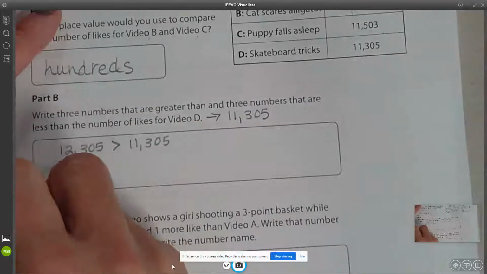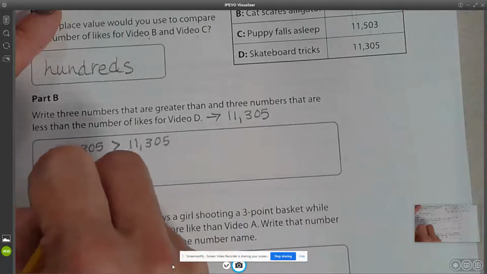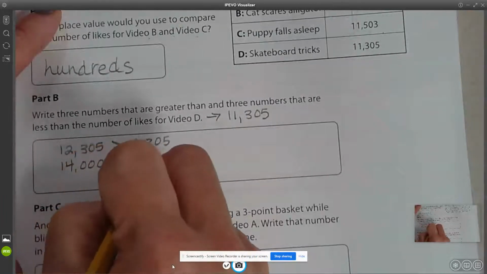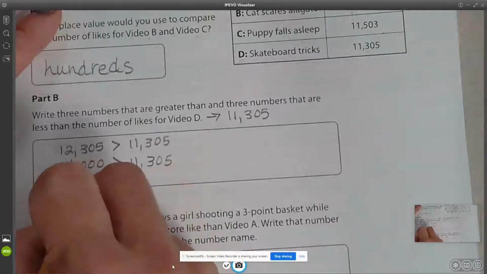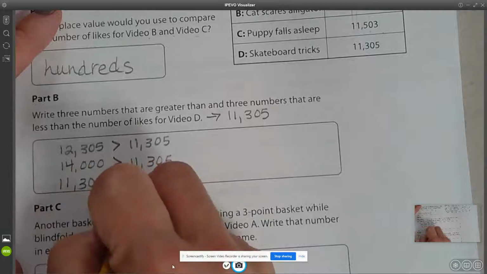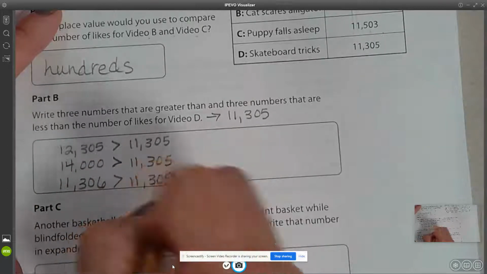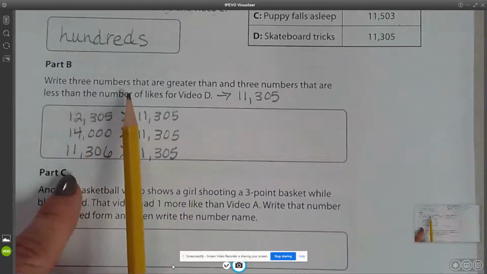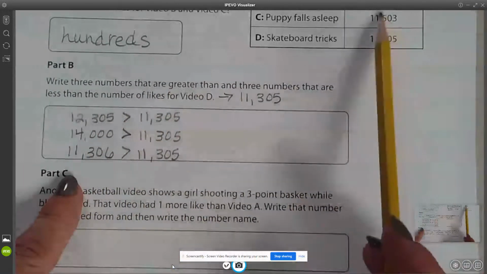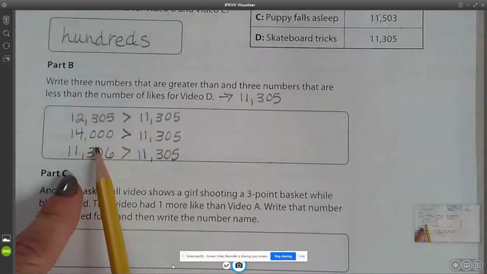I could say 14,000 is greater than 11,305. I could even go 11,306 is greater than 11,305. You get to pick any one you want because it doesn't necessarily ask for 3 numbers from our chart. It's just asking for any 3 numbers.